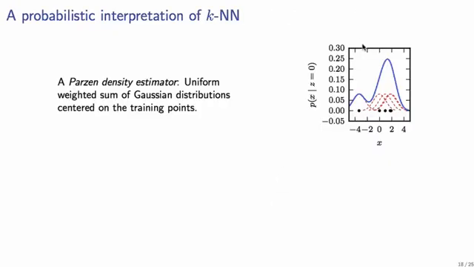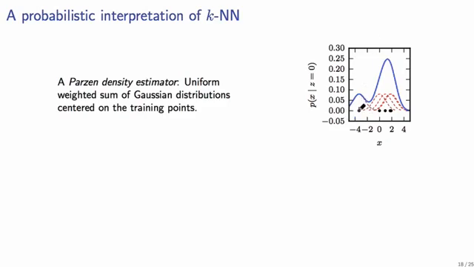We can probably understand a little bit better what's happening here by looking at an example where we have one-dimensional data points. So right here we have 5 data points, and we assume that they all belong to the same class, and do the same that we did before. We center a Gaussian distribution on each of the data points.